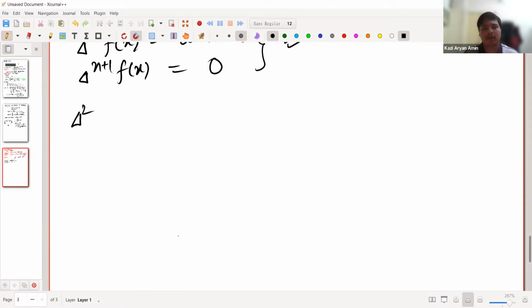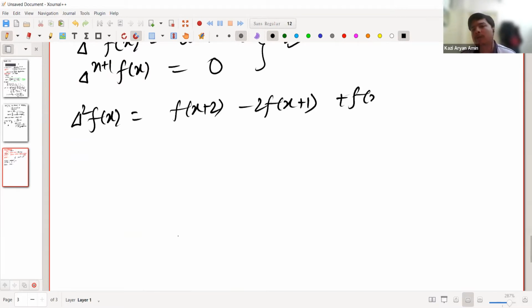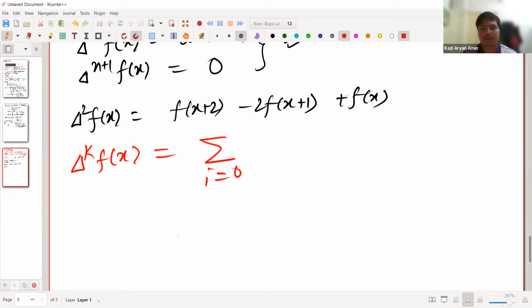So we observe that this was equal to f of x plus 2 minus 2 f of x plus 1. So basically the theorem I'm trying to look at is, we can write del k f of x as, so this is the kind of formula I think.